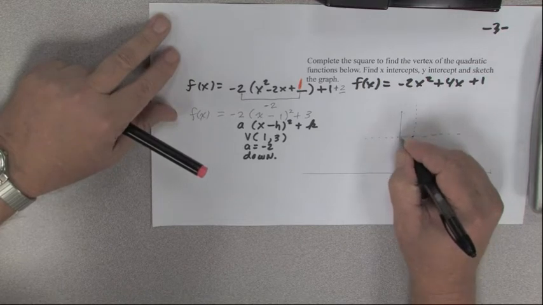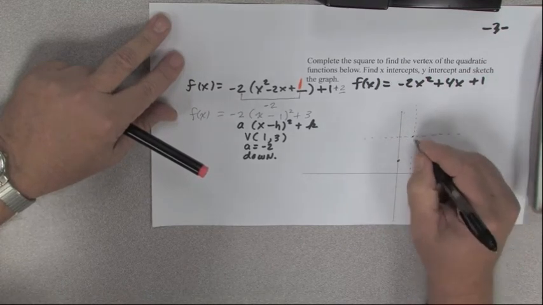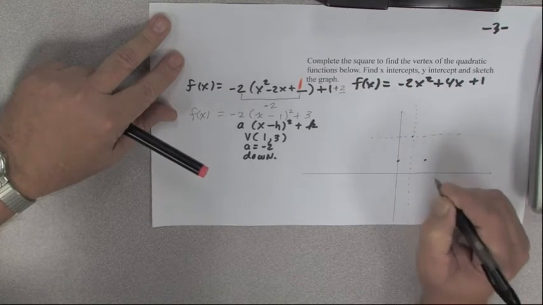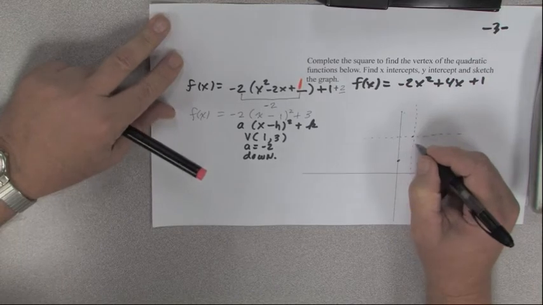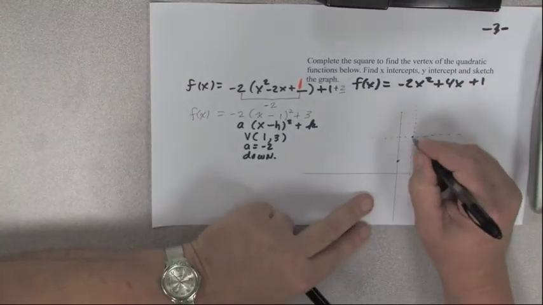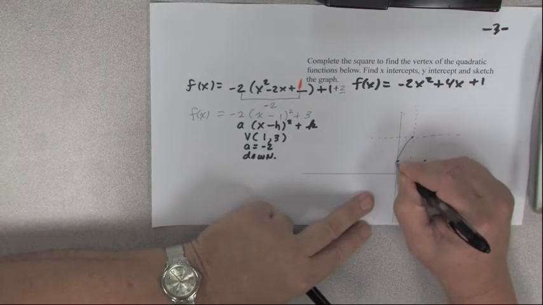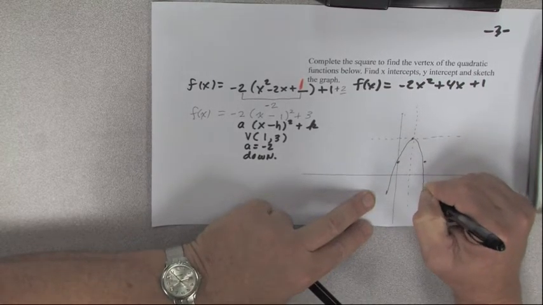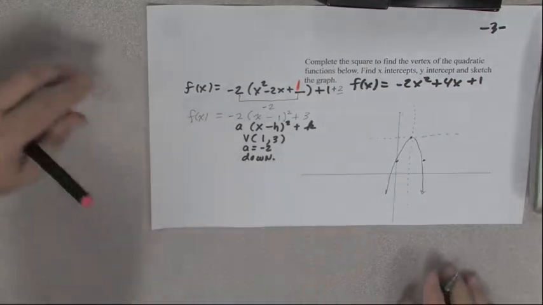So we're going to go over 1 and down 2, and over 1 and down 2. That should be enough points to give a general shape. So we're just going to connect the dots with a smooth curve as best as we can. That will be my parabola.